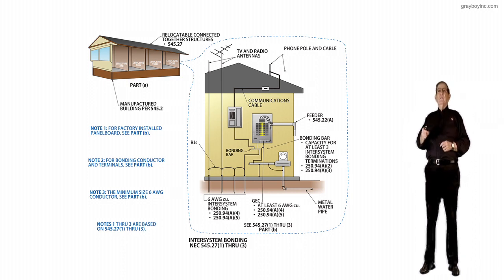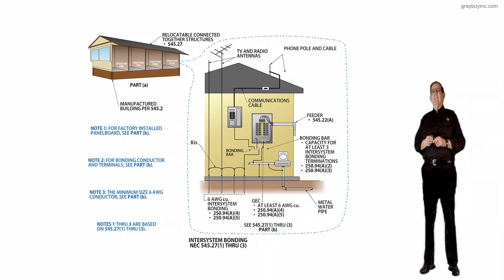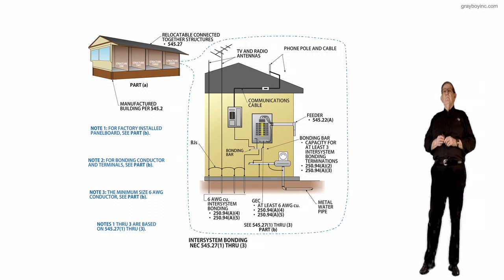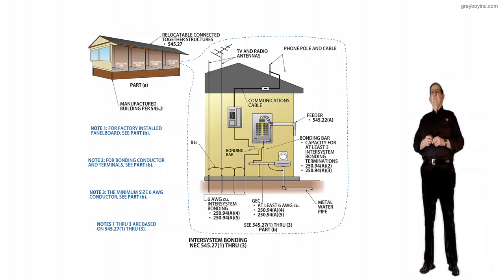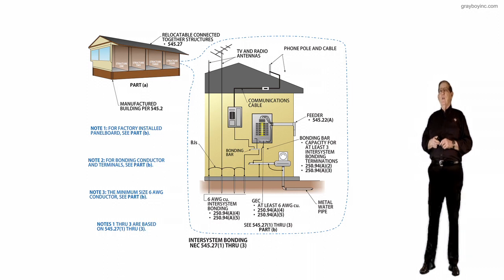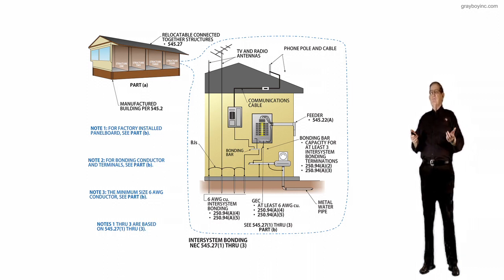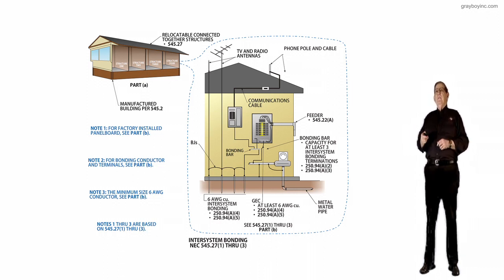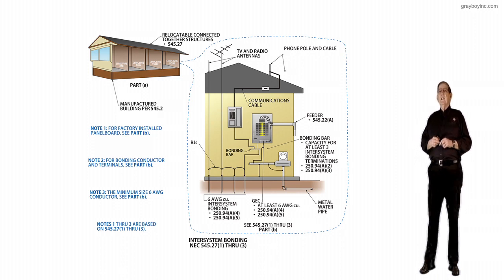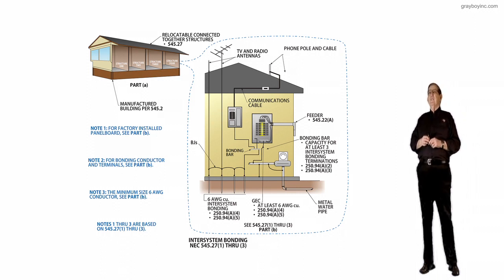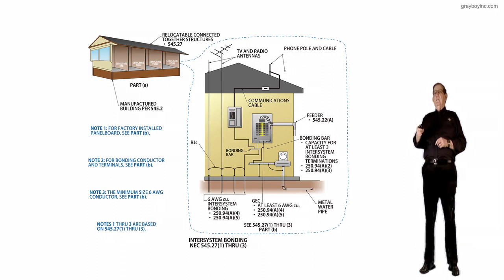Notice if you had any kind of antennas or dishes, things like that, you can see we show in the call out there TV and radio antennas. That's just an example. And then notice you may have an internet line or communication line coming in from a phone pole and cable, as you see.